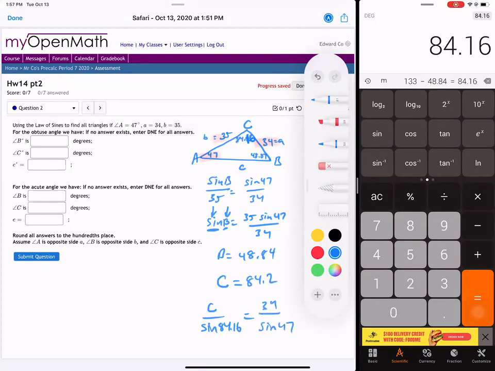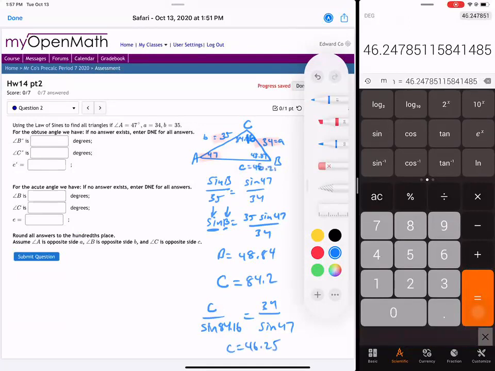Sorry, I got lost on which was my original calculator work. 34 times sine 84.16 equals, we divide it by sine 47. That's all just calculator work. And so C is equal to 46.25, rounding up. Now, which triangle was this?